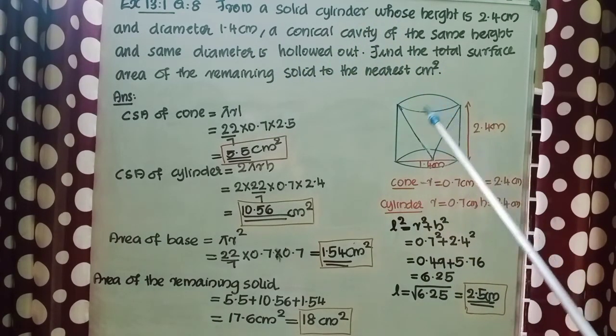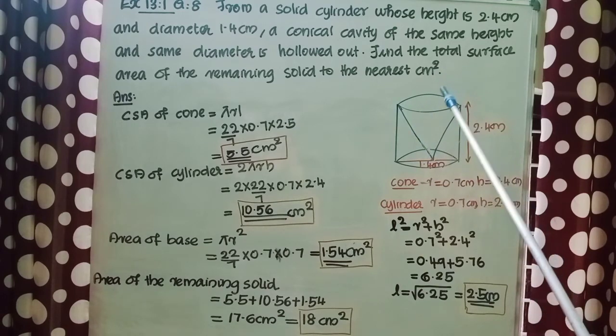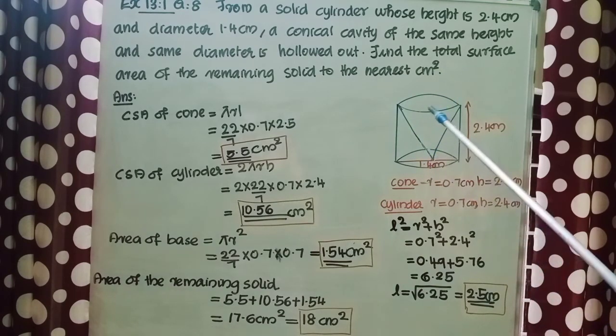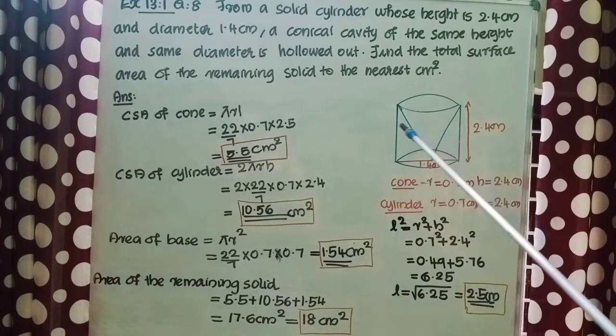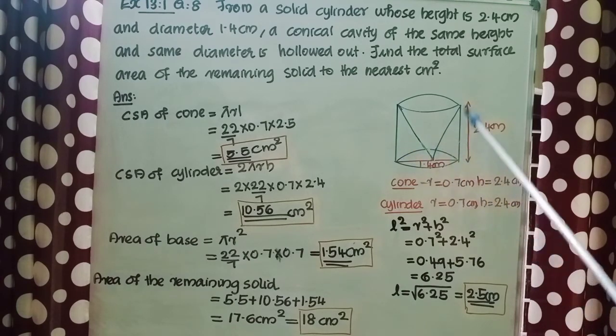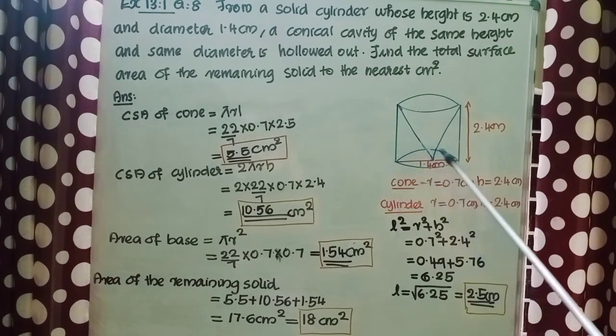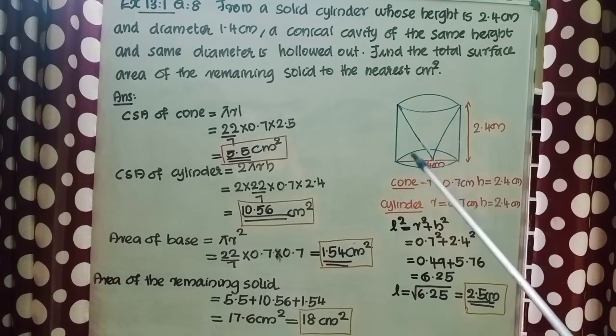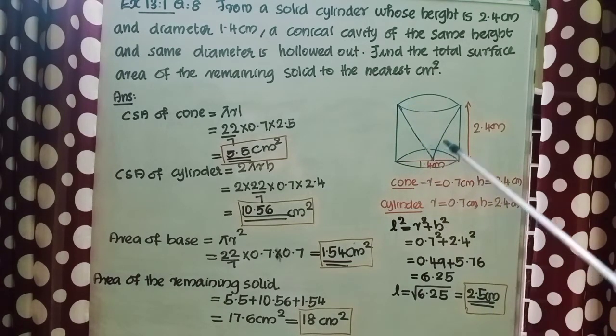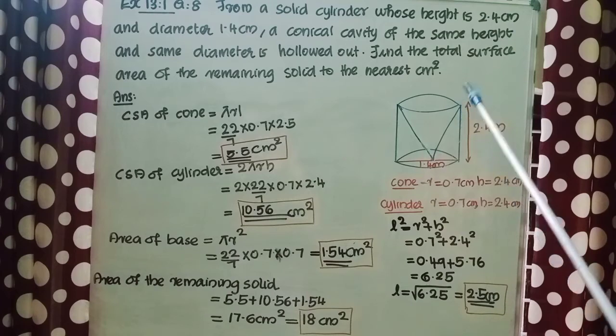So, to find the total surface area of the solid, we need to find the curved surface area of cylinder, area of base that is circle, and curved surface area of cone.